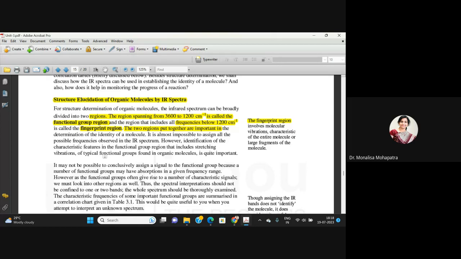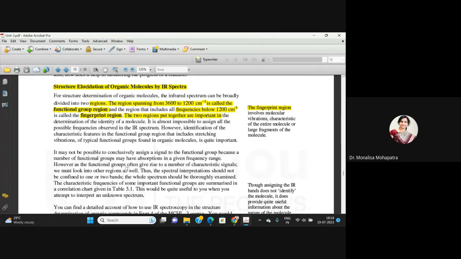However, their fingerprint region bands must be different. So even if they are near identical molecules, the fingerprints don't match, and they will give different bands in the fingerprint region.